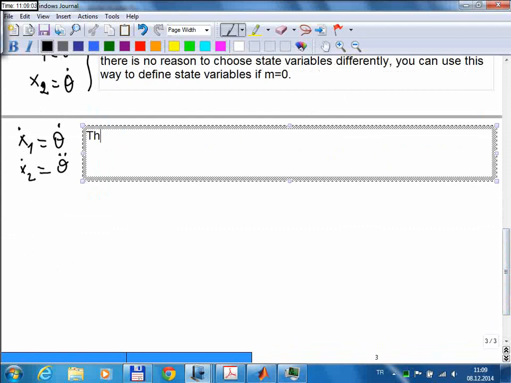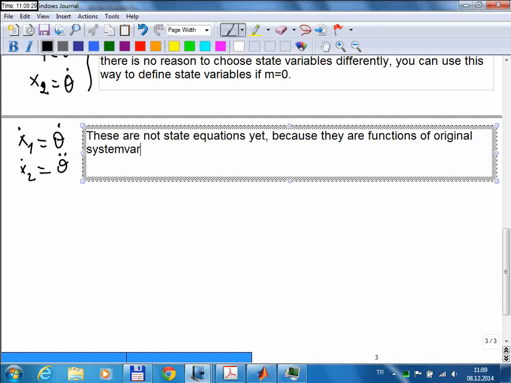So these are not state equations yet, because they are functions of the original system variable theta.